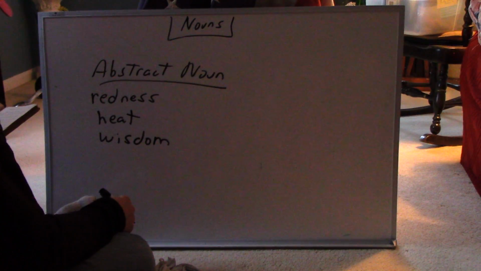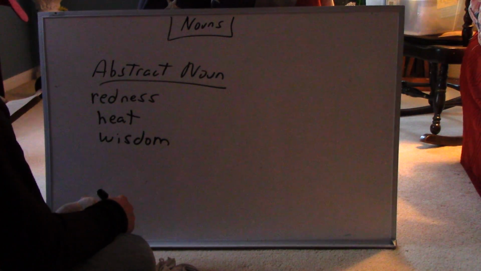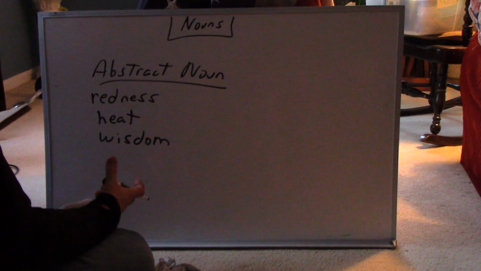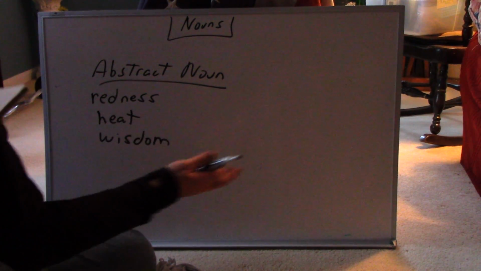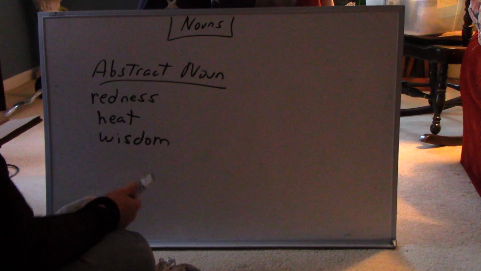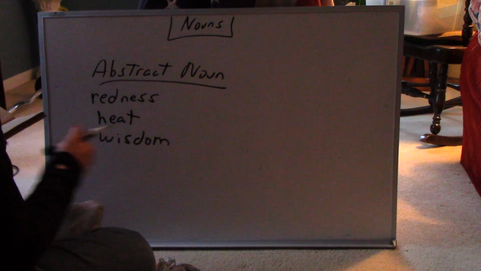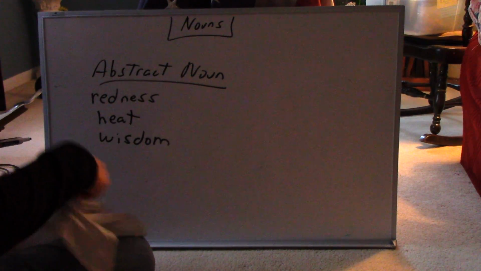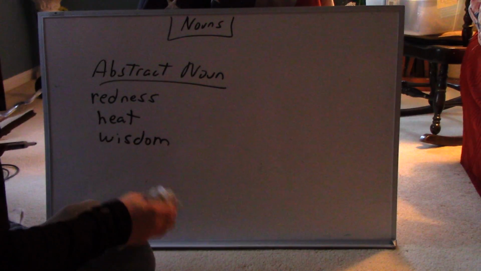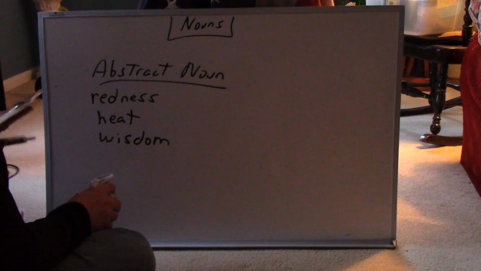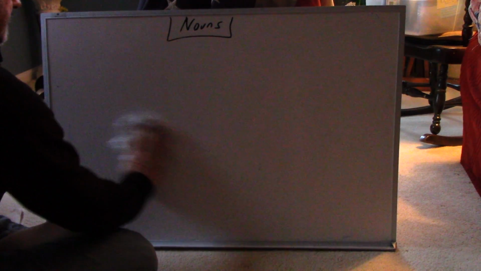This quality is always considered apart from the object which possesses it. So there could be redness on the skin, there could be heat in the desert, wisdom in the man, Epictetus or something, Marcus Aurelius. So they would possess that, but the wisdom, the redness, the heat is separate, so it is a noun technically, okay? And it's describing a quality belonging to an object. So that's why it's an abstract noun.